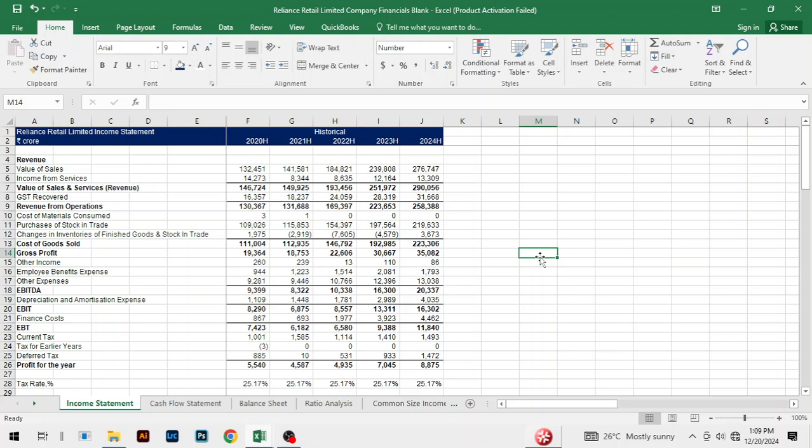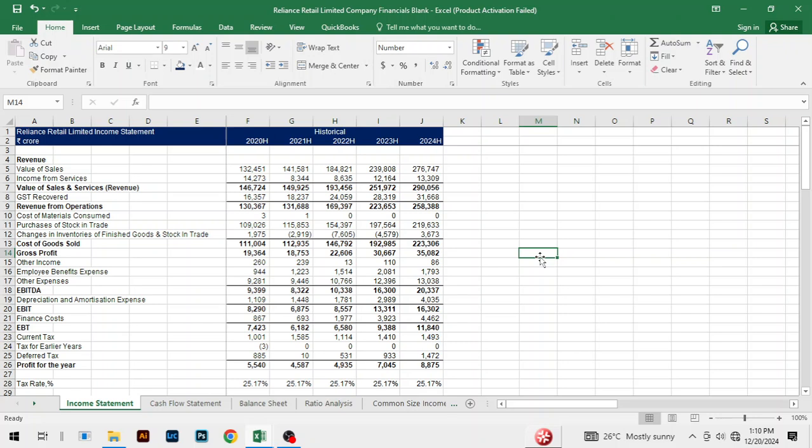So the purpose of this tutorial is to walk you through how to compute ratios, or how to perform financial analysis, so that at the end of the day we gauge the financial standing of Reliance Retail.